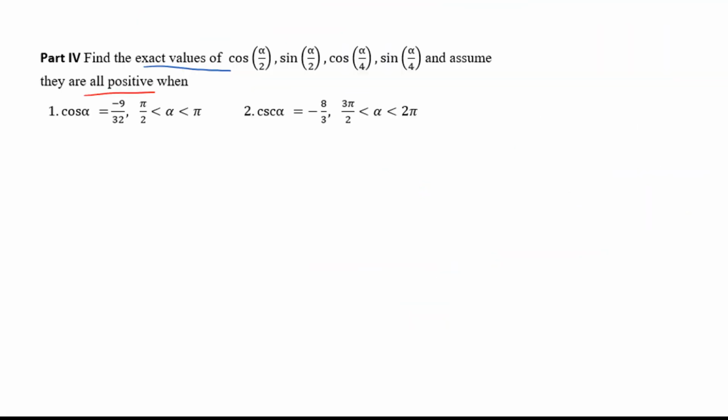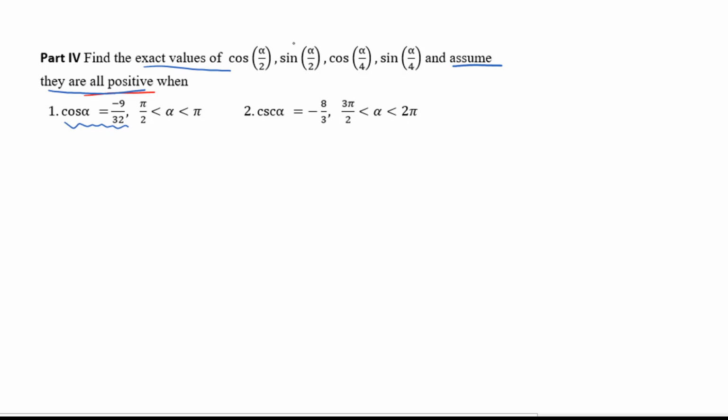Let's go to part 4. Find the exact values of cosine alpha over 2, sine alpha over 2, cosine alpha over 4, sine alpha over 4, and assume they are all positive, when cosine alpha equals negative 9 over 32.